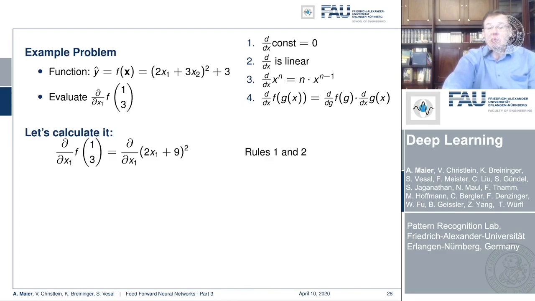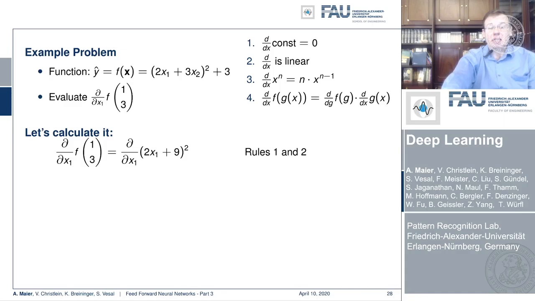So here you see the partial derivative with respect to x1 of f of 1, 3. Then we can just plug in the definitions. So this is going to be the partial derivative of (2x1 plus 9) squared. So we can already plug in the 3 and multiply it by 3 to obtain the 9.